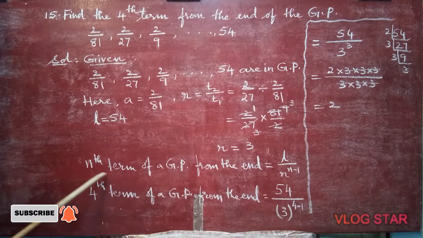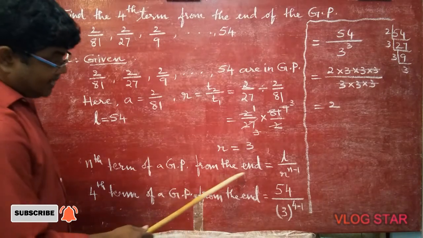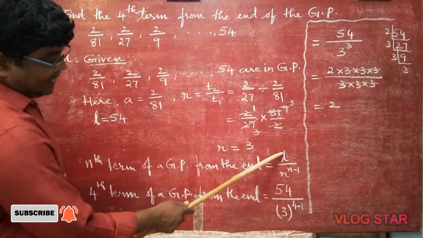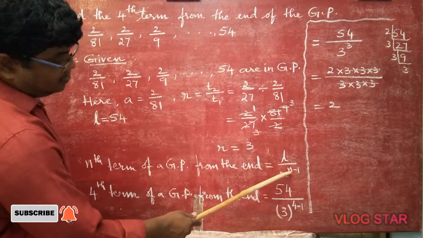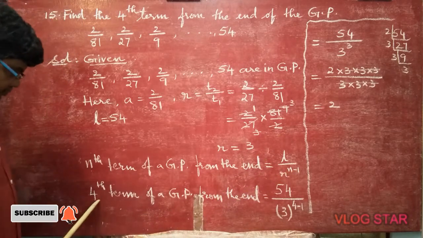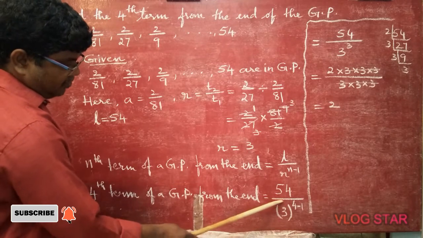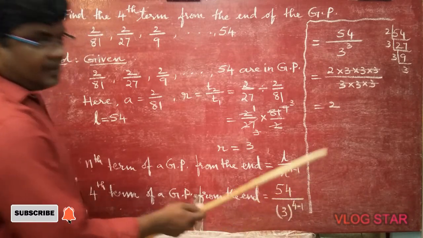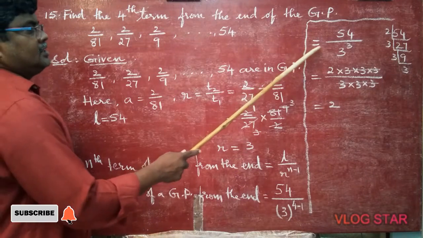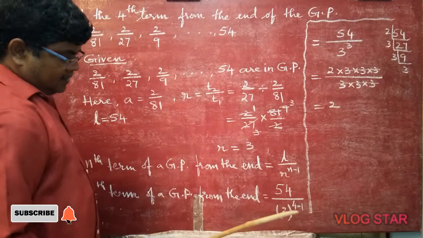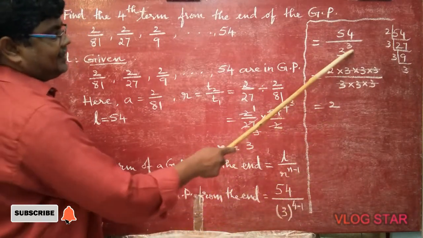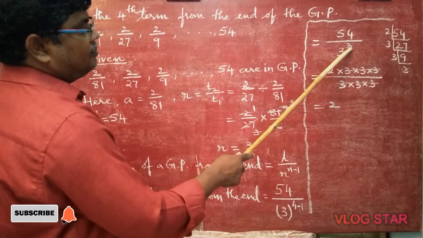Now the formula. The nth term of a GP from the end is equal to L by R to the power of n minus 1. The fourth term of a GP from the end is equal to 54 divided by 3 to the power of 4 minus 1. That is equal to 54 by 3 to the power of 3, as 4 minus 1 is 3. So, 3 cube.